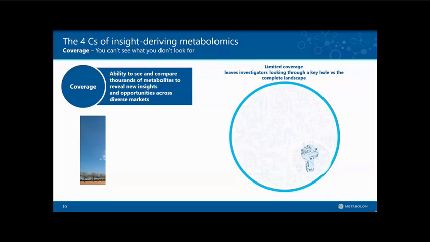I use the analogy of making a decision about whether or not you're going to take your family to a picnic today based on this blue sky picture on the lower left-hand side. And you might look at that and say, yes, absolutely, let's go for a picnic. Or on a biological side, if you're looking to see if a patient is progressing towards a disease state, you're going to look at this blue sky picture and say, no, this patient is perfectly healthy.